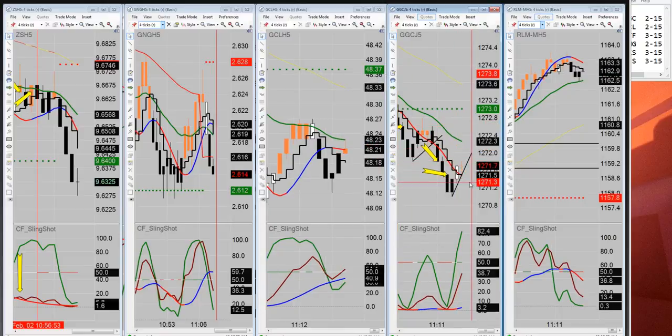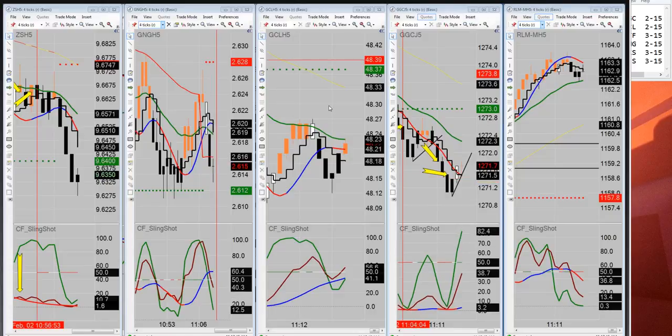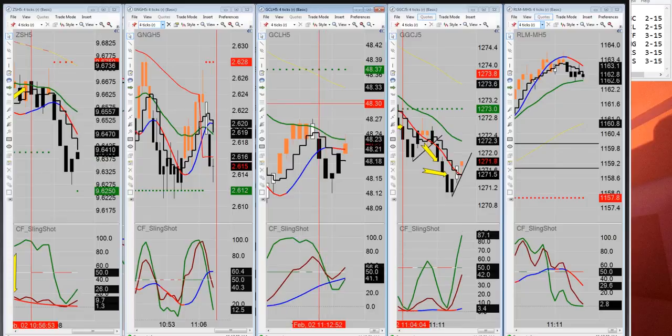71.8 is the high, 71.4 would be the low. A down close on gold at 71.4 would be a short trade. Oh, that's right.